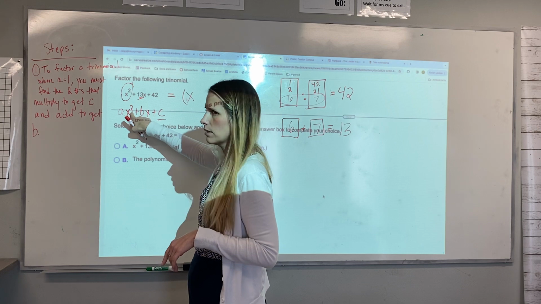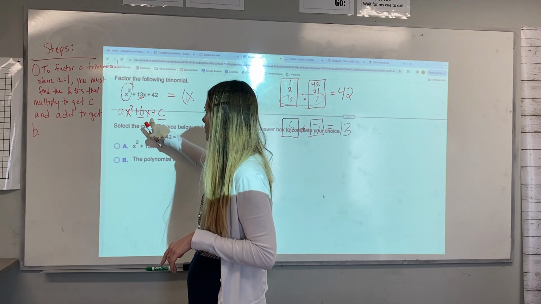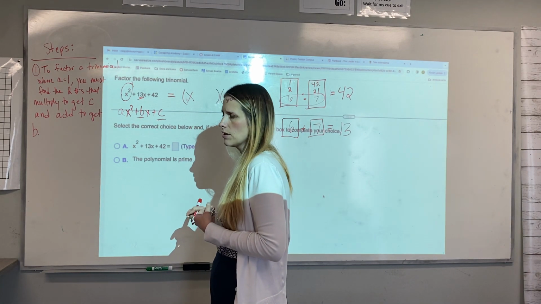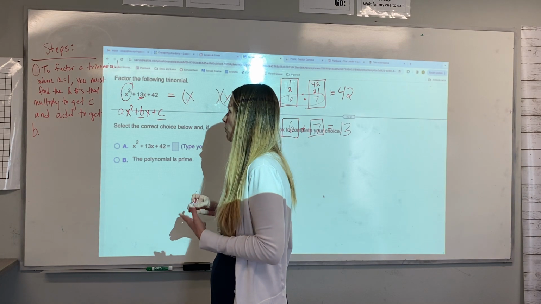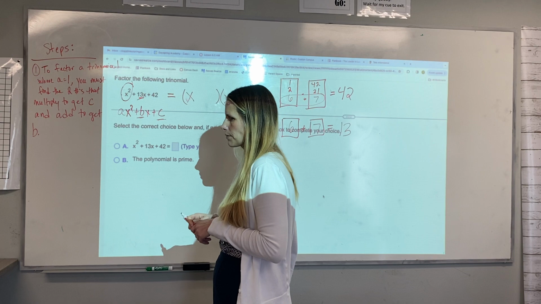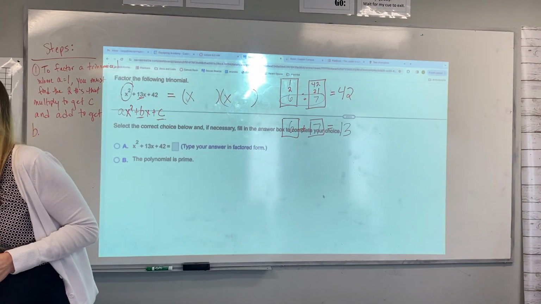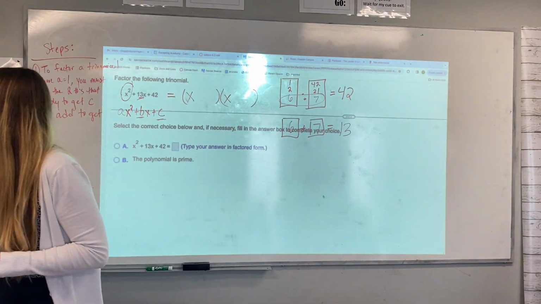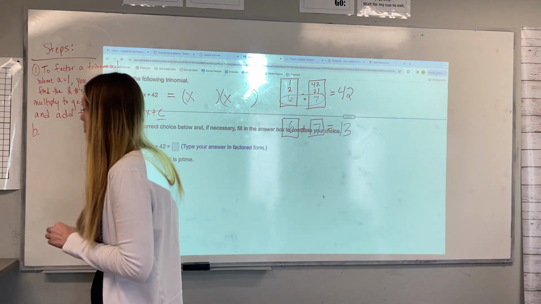Okay. Ax squared plus bx plus c. That is the formula for a quadratic trinomial, or a quadratic expression.